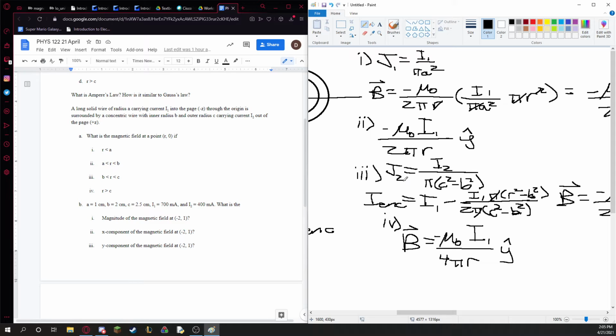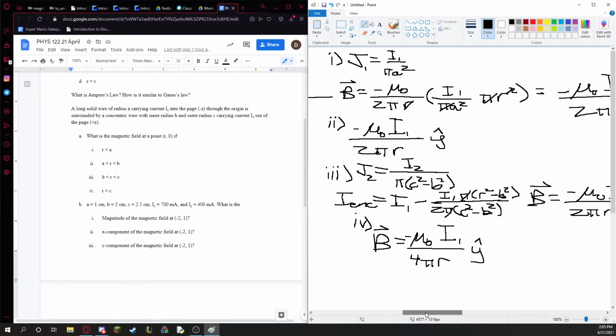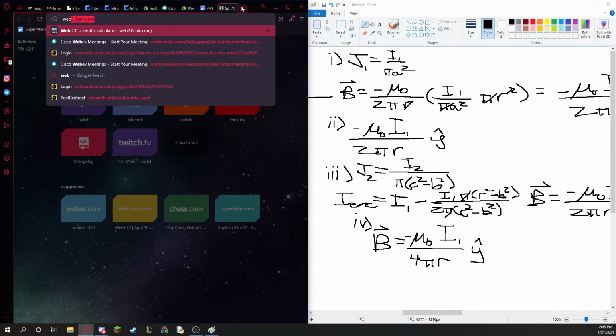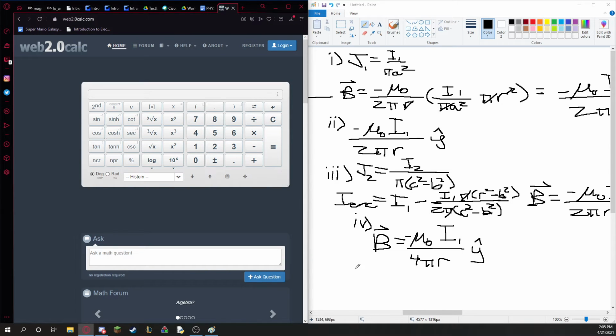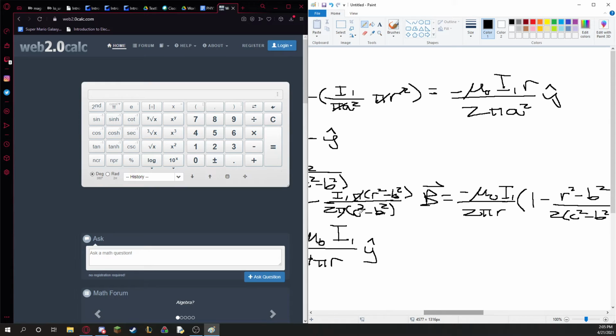We can essentially take our work from here and just substitute in the numbers. It's going to be a bit annoying. We have mu naught over 2 pi r, where our radius is the square root of 5, because it's the square root of 1 squared plus 2 squared.